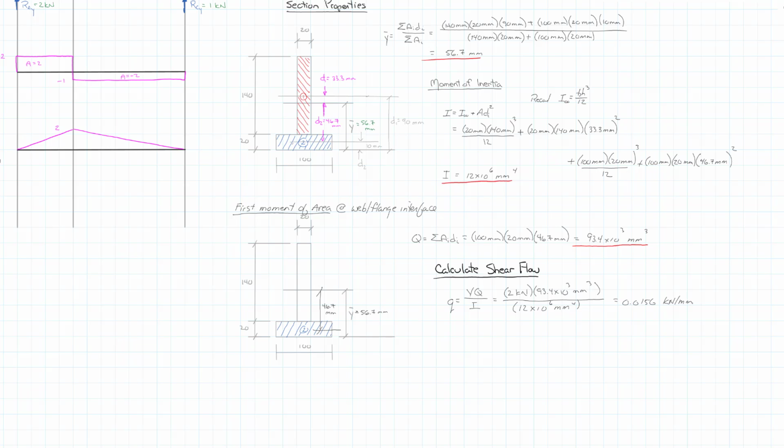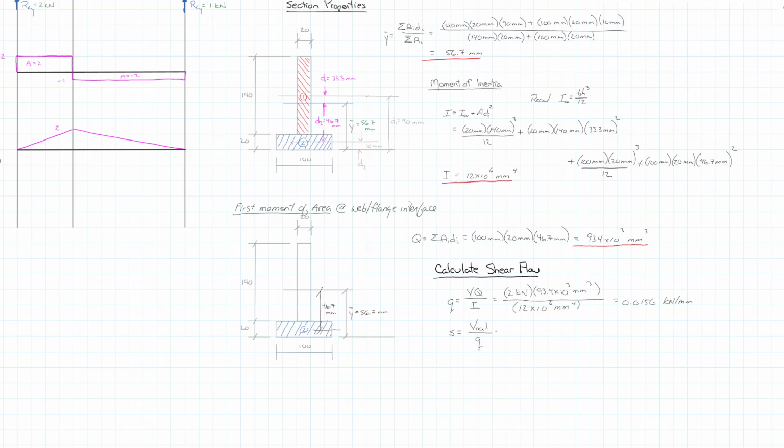So the easiest thing to do is to calculate what spacing we would require for our nails. So our spacing then is equal to the capacity of each nail, so V of each nail, divided by our shear flow, or the capacity required per millimeter.